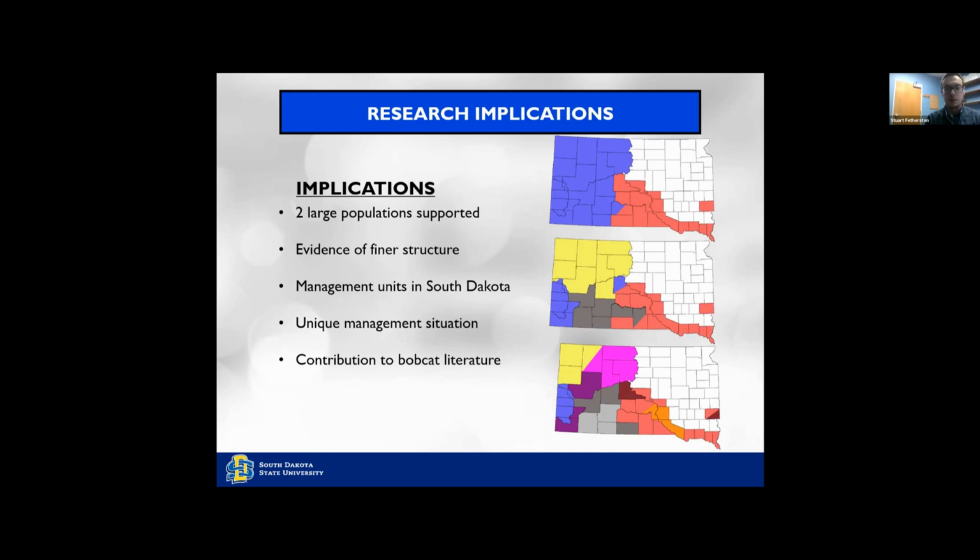Bobcats also just provide a very unique management situation in that they are at this increasing or stable level where they can sustain harvest, but are also regulated closely enough that researchers can have access to this kind of data. And so this project really is due to the cooperation between sportsmen, researchers, and management agencies.